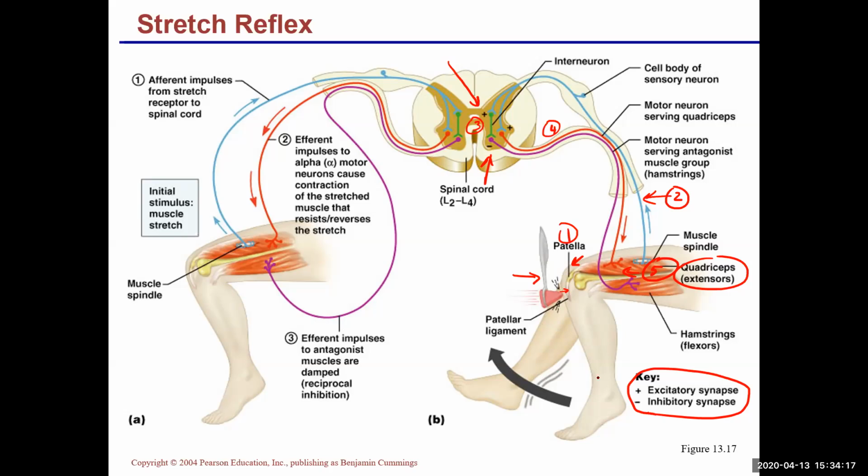Excitatory or EPSP, action potential is more likely to happen, all right? So it looks like this positive right here, the action potential did happen. Why? Because on the red one, as you can see, it went to the quadriceps muscle, and the figure in this case is showing you that the person is kicking.